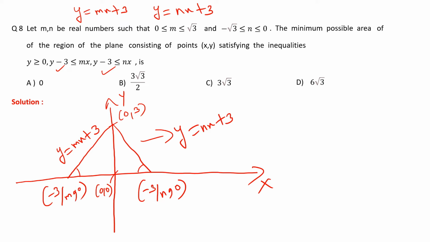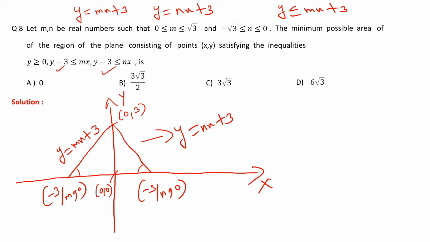Fine. Now students, we have to calculate the minimum possible area of the region enclosed by these inequalities. y greater than or equal to 0 means the area of the region above the x-axis. y less than or equal to mx plus 3 means, because when we put the origin in this inequality, the inequality gets satisfied, because 0 is less than or equal to 3.